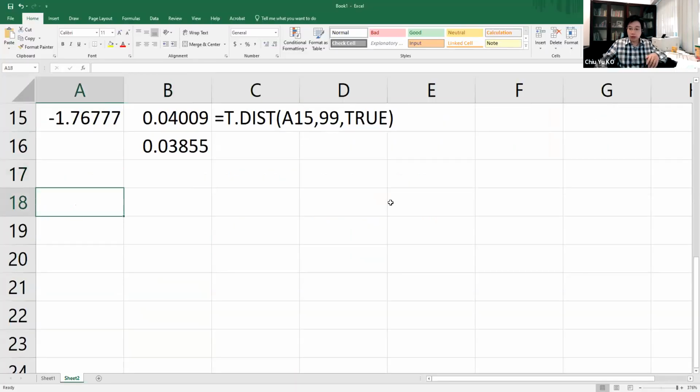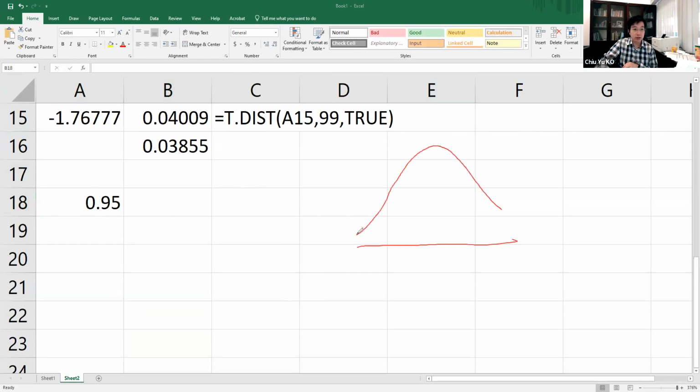So we want 0.95, remember, 95%. Can you see the Excel spreadsheet here? So we want this to be 95%, or this is 0.95.